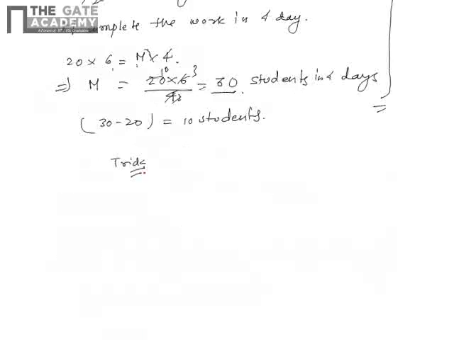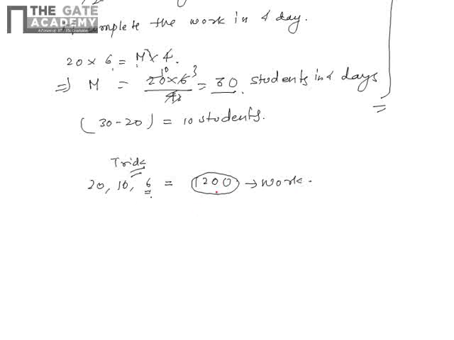The trick to solve this problem is, see here what data is given: 20, 10 and 6. Either take an LCM or take a multiple of these three values, which will be 1200. So assume the total work is 1200.